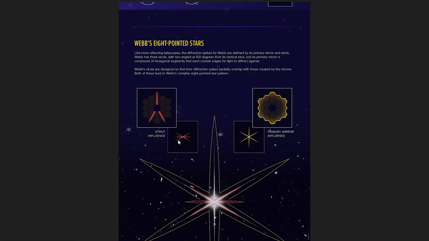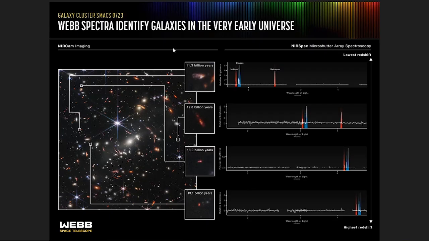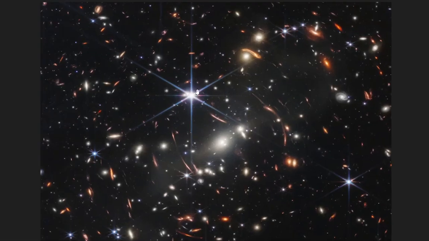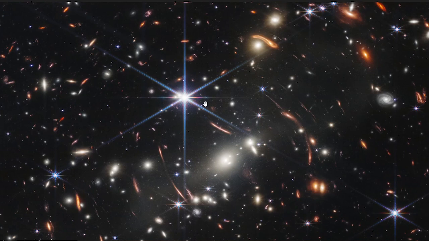Because of the influence of the strut, we get six spikes, and because of the hexagonal shape of these mirror segments, we get another six spikes. So when they are overlapped, totally we get eight spikes. 1, 2, 3, 4, 5, 6, 7, and 8. So that is what we are looking at here. You can see 1, 2, 3, 4, 5, 6 big spikes and two smaller spikes.